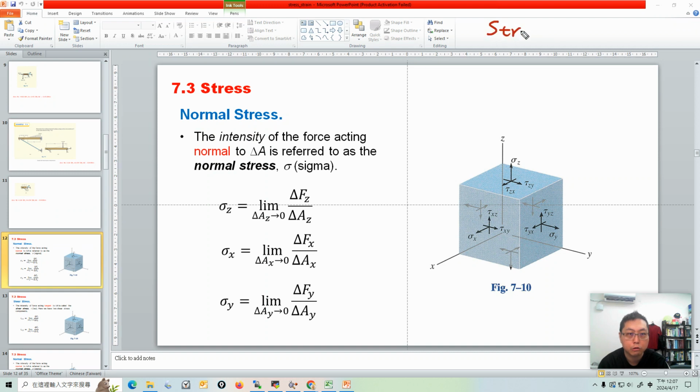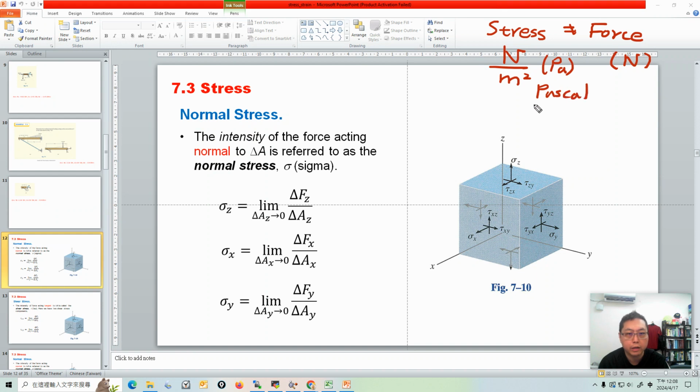When you check the unit, the unit of force is Newton, and the unit of stress is Newton per meter square. We will later talk about the definition of stress. In the SI system, Newton divided by meter square is also called Pa, Pascal.